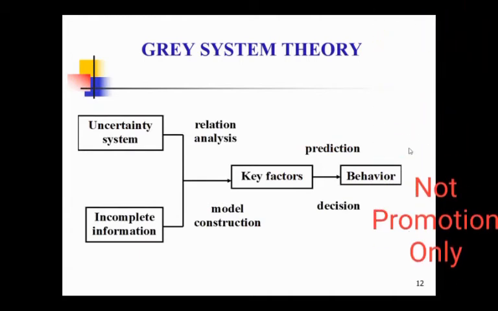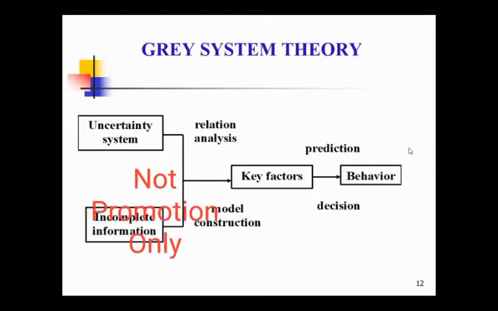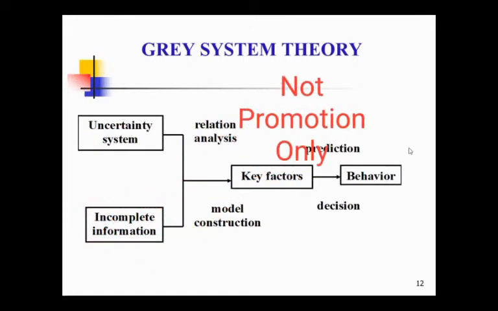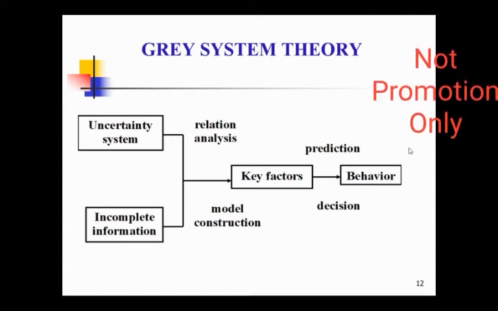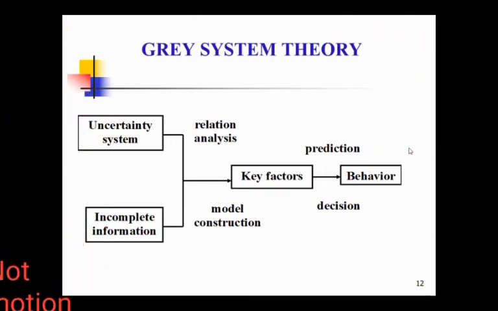So this is an overview of the grey system theory. Two important factors that we have are the uncertainty in the systems and the incomplete information that is available in the data. The uncertainty may be because of the system behavior, system boundaries, system elements.